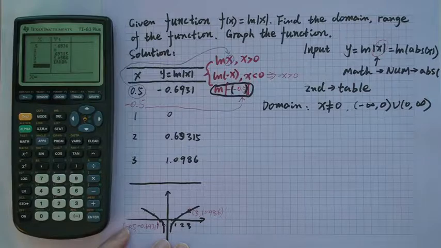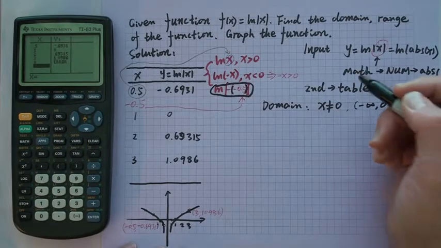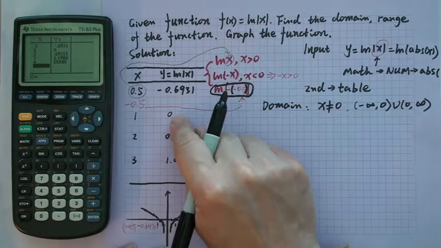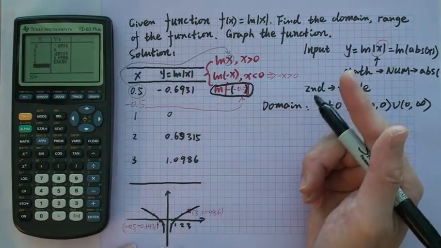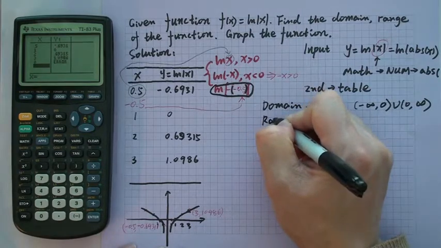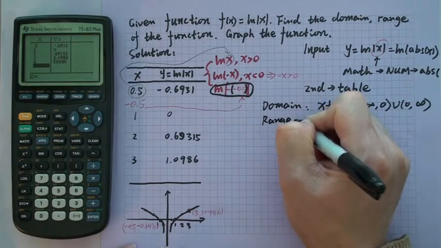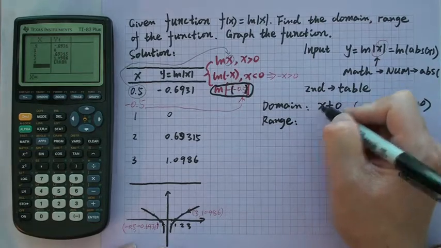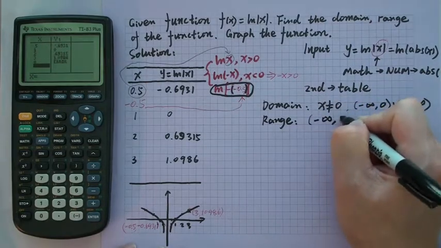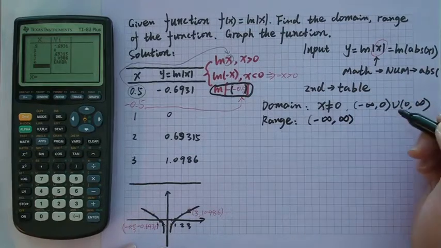Now, what is the range? You see down here it can be negative, can be 0, and it can be any positive. So the range is all real numbers, or you may write from negative infinity to positive infinity.